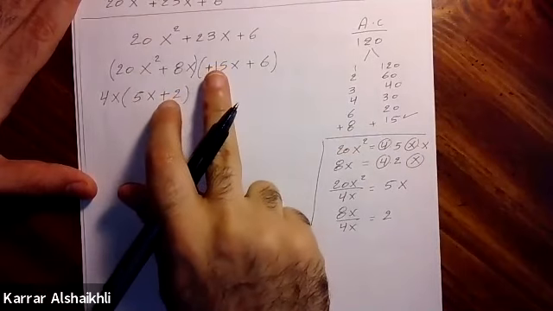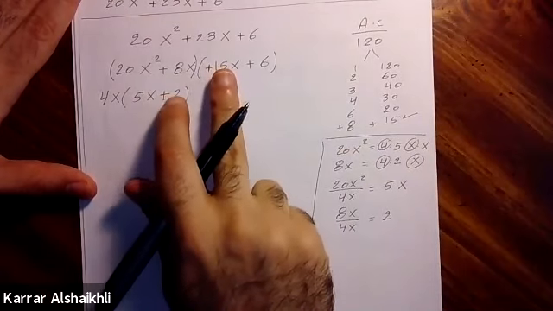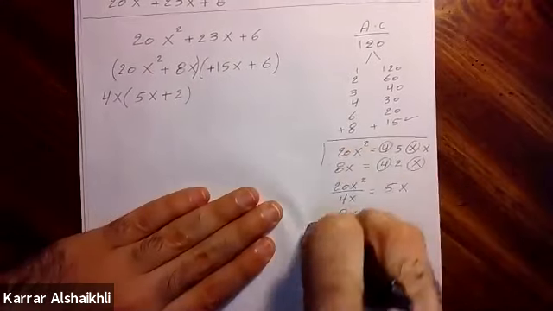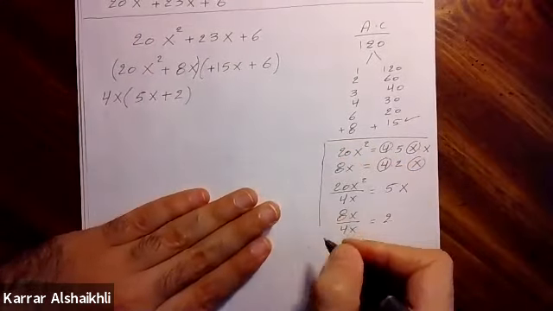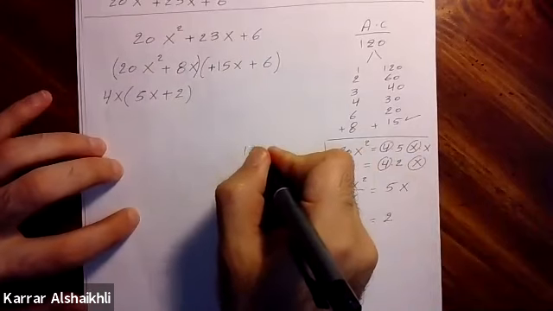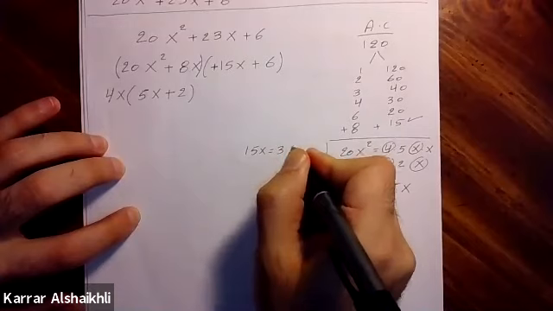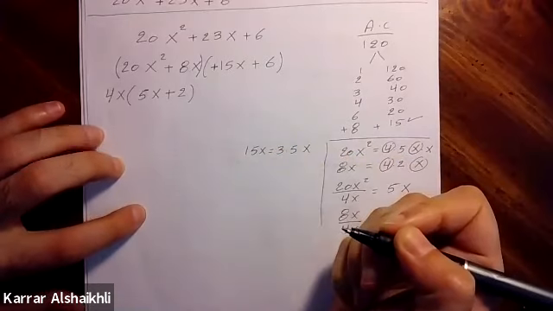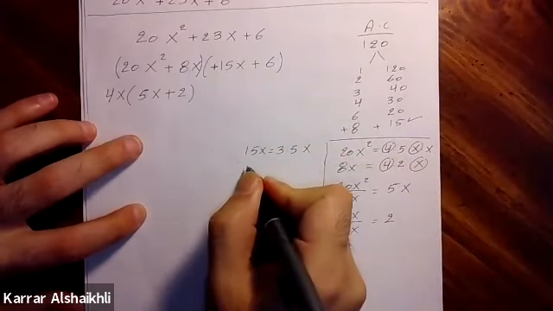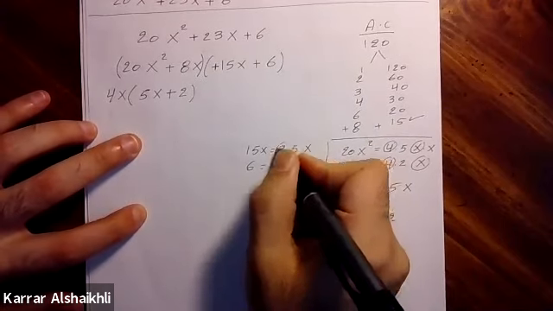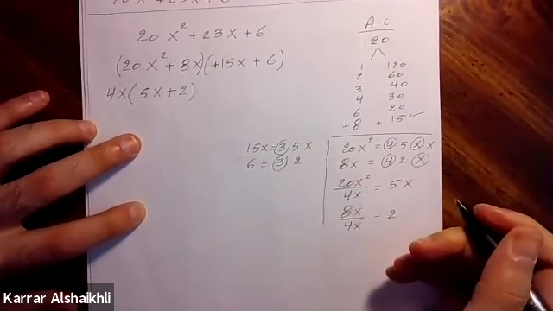What's the common between 15x and 6? So here is the 15x, which is 3 times 5x. The 6 is 3 times 2. So the common is 3.